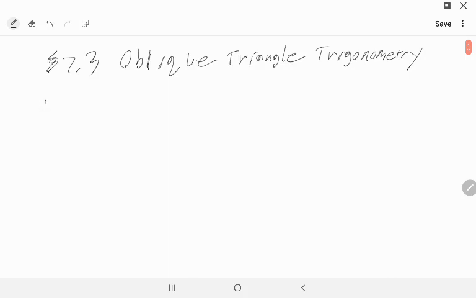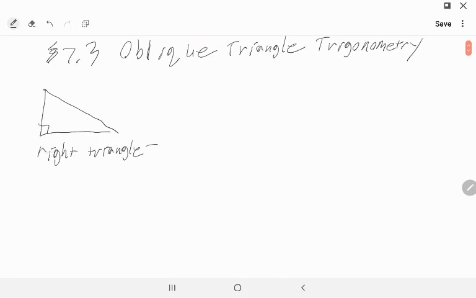We have the right triangles that we talked about, where we have one right angle and two acute angles. So this is a right triangle, one right angle, two acute angles.